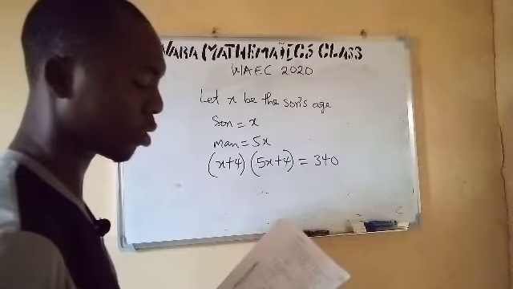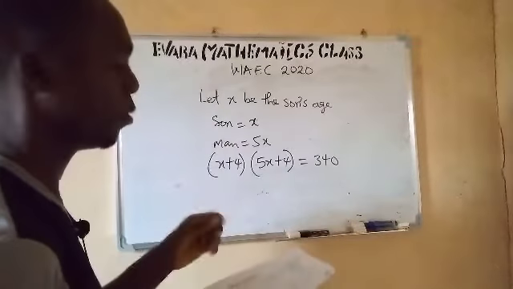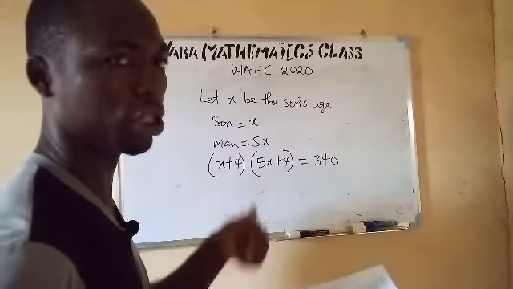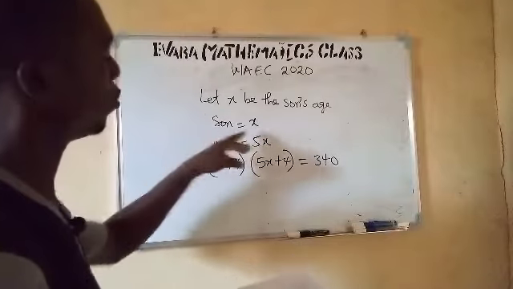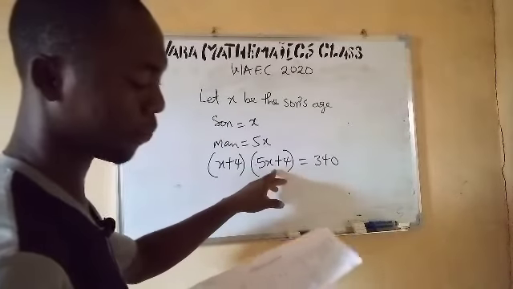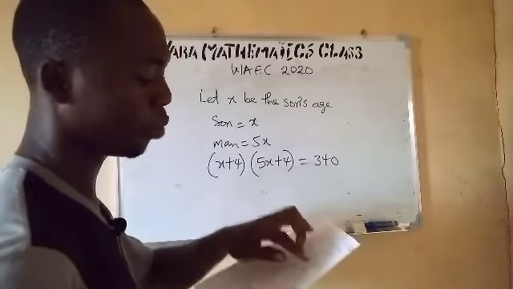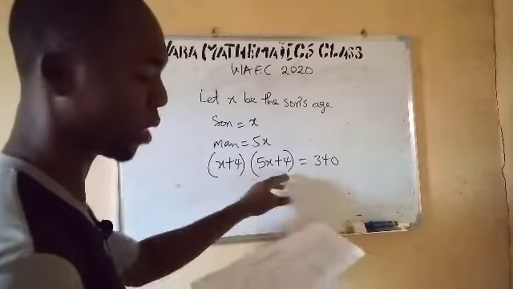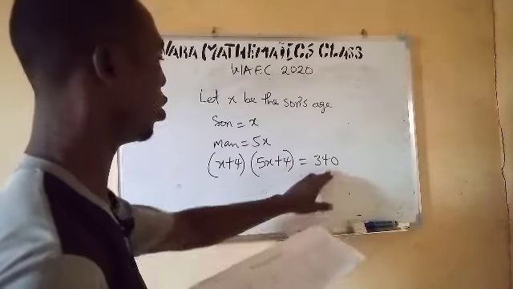This is the meaning of that second statement. 4 years' time means add 4 years to the present age. So this will be x plus 4 and 5x plus 4. Then the product of their ages, that is, multiply the two ages, will be 340.